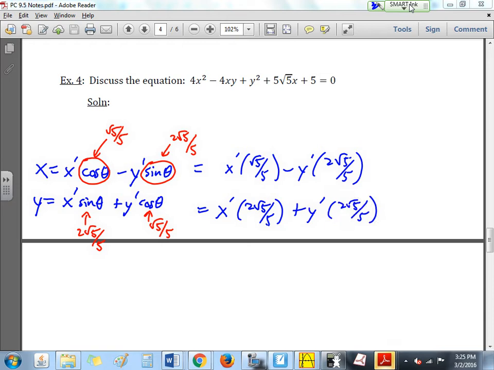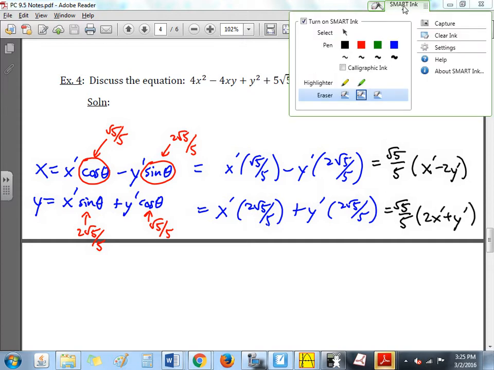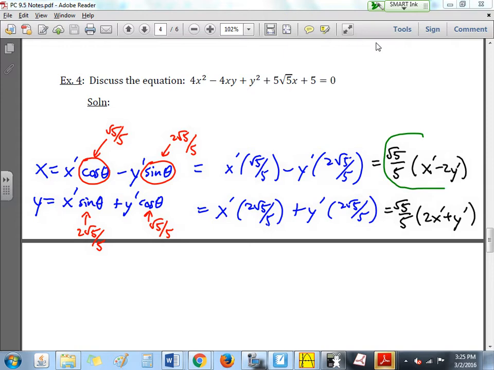Okay, if we factor out the root 5 over 5, we basically get x prime minus 2y prime and 2x prime plus y prime. Okay, these guys are very important. They are your x and y substitutors.